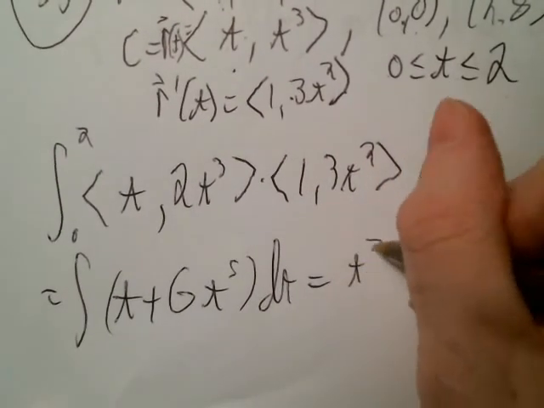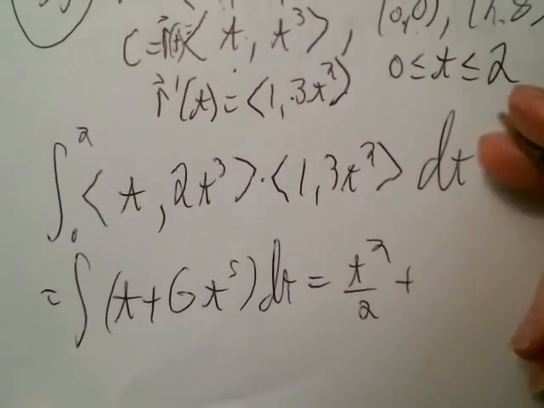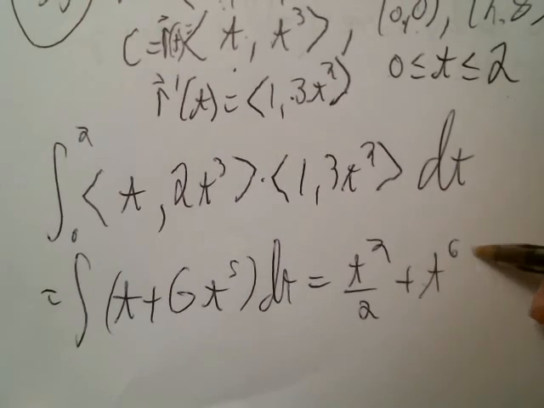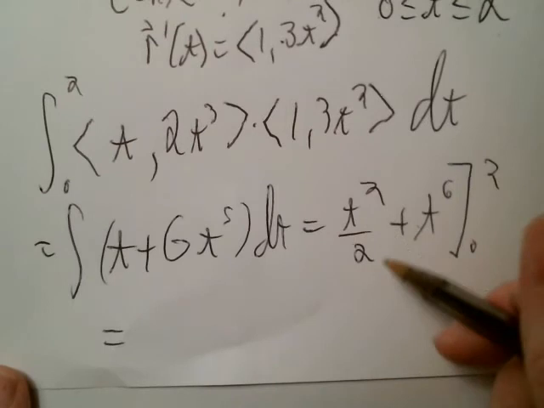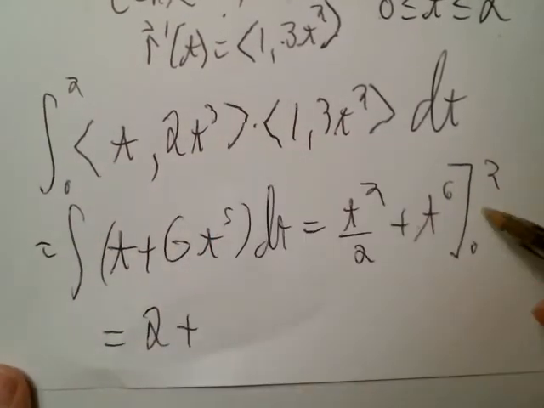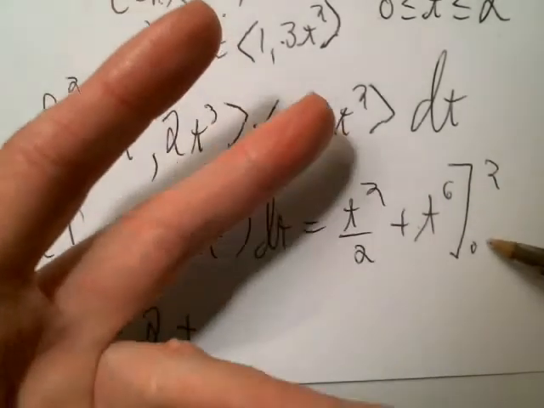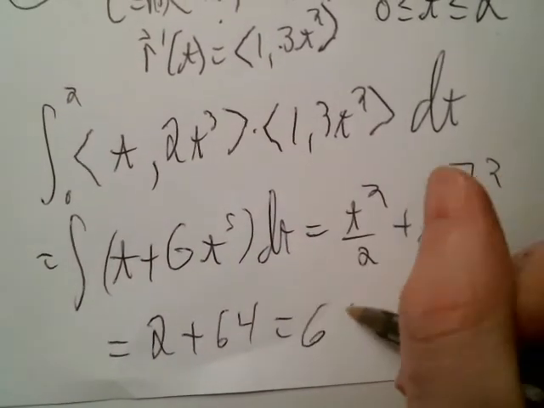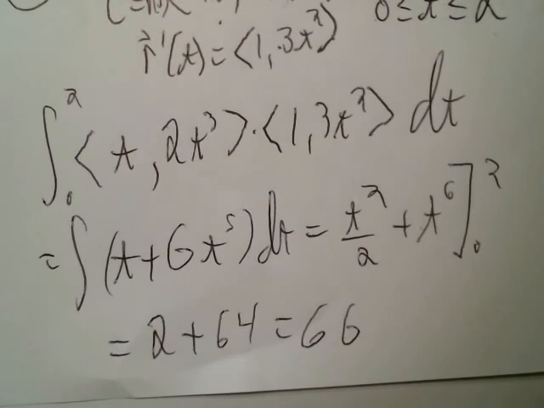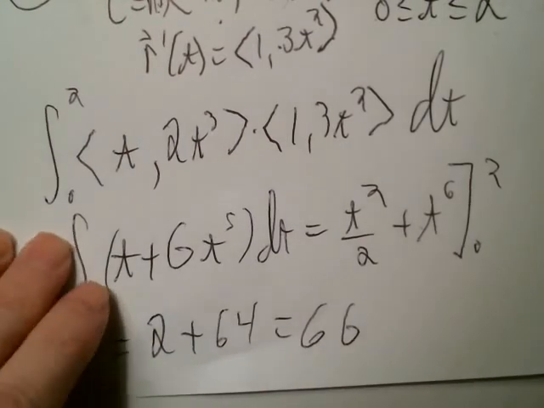So that's t squared over 2 plus 6t to the 6 over 6, which is just t to the 6, evaluated from 0 to 2. Plug that in. So I get 4 over 2 is 2, plus 2 to the 6, 2 times 2 is 4, times 2 is 8, 16, 32, 64. Answer is 66.